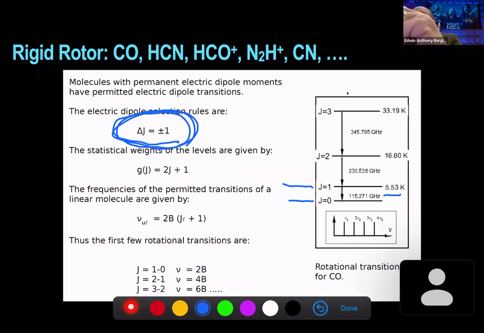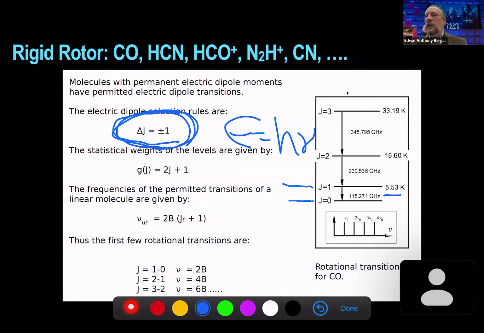And energy is equal to the Planck constant times frequency. So I know the frequency of that emission is 115.271 gigahertz. If I tune my radio telescope to that frequency, I can observe carbon monoxide. And I can observe higher rotational states, such as the J equals 3 to 2.